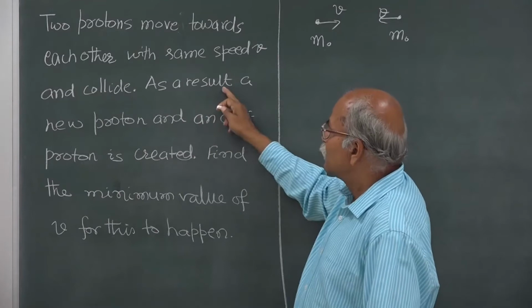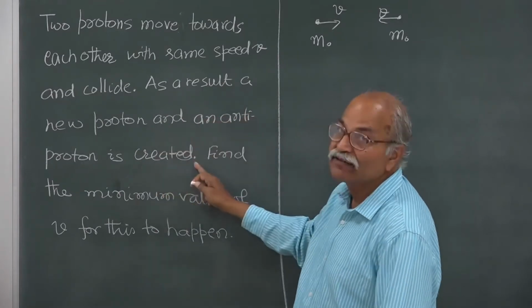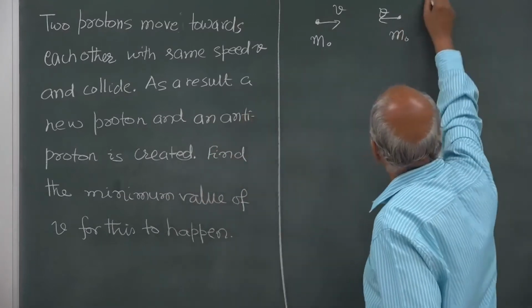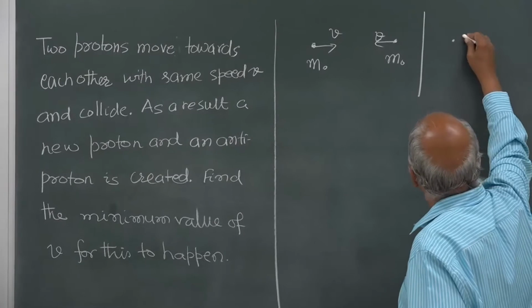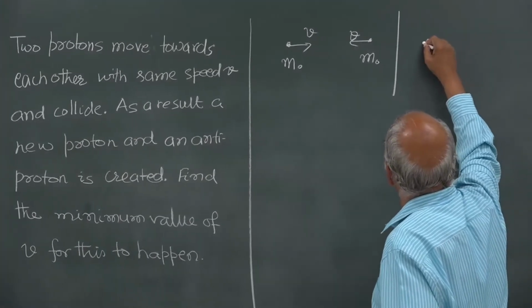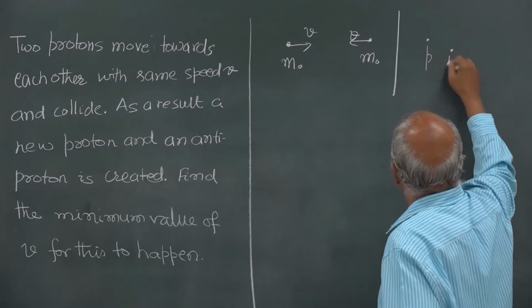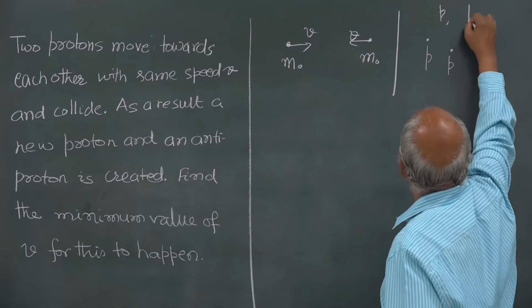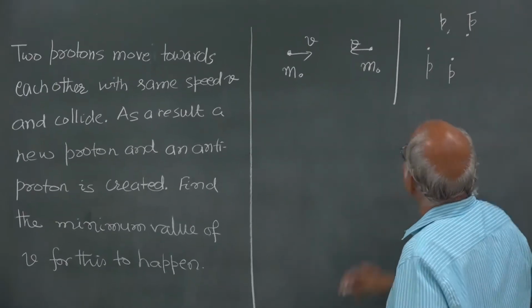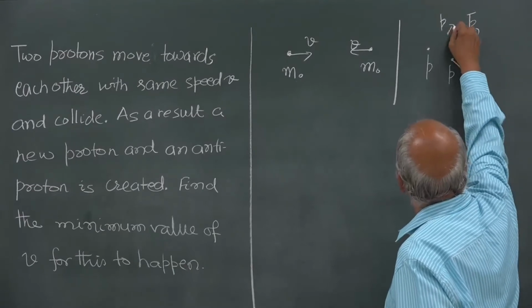As a result, a new proton and an antiproton are created. So, because of this collision, this is before collision, and after collision you have 4 particles now. You have the protons that are there, and you have another proton, a new proton, and some antiproton. These 4 particles are there, they may be moving in some directions.